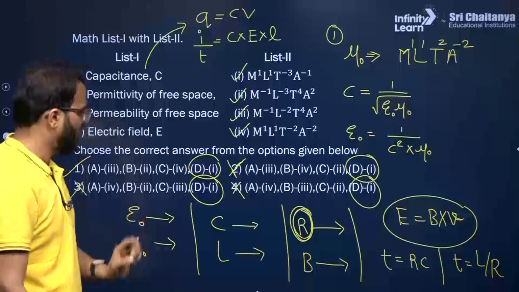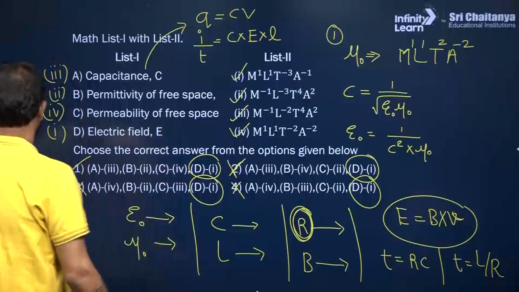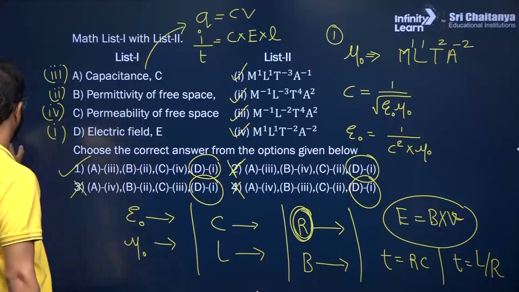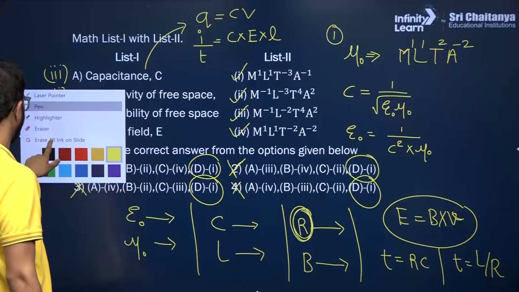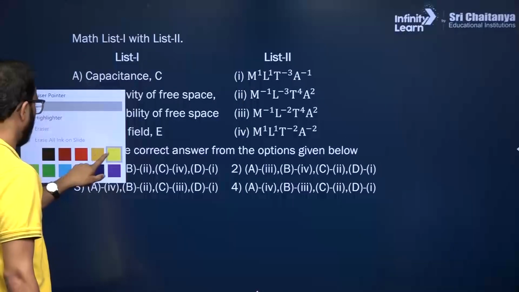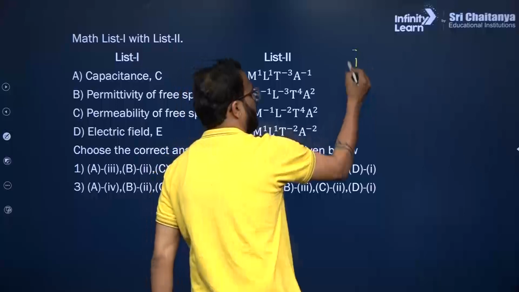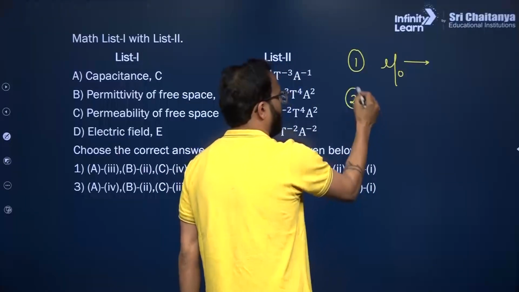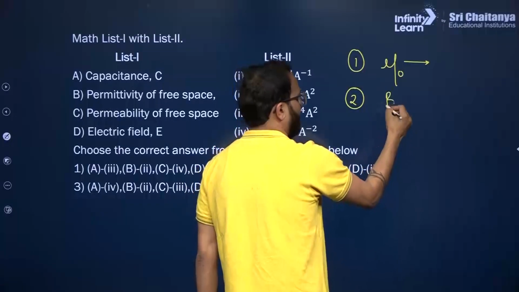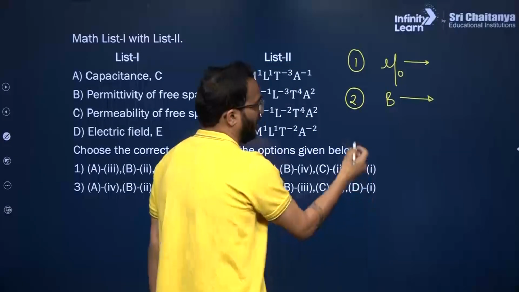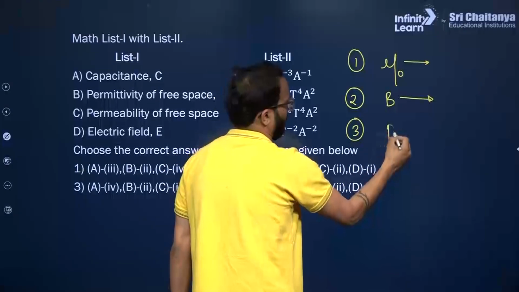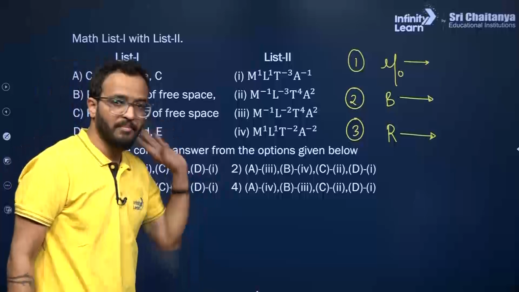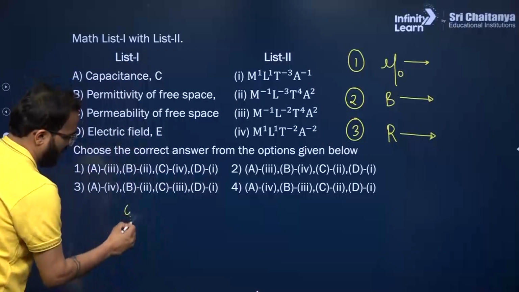So I would suggest you remember at least 3, and those 3 are: number 1, mu naught, this is simple. Number 2, magnetic field, this is simple. Number 3, resistance, this is simple. Just remember these 3. Now for the remaining, what is epsilon naught?